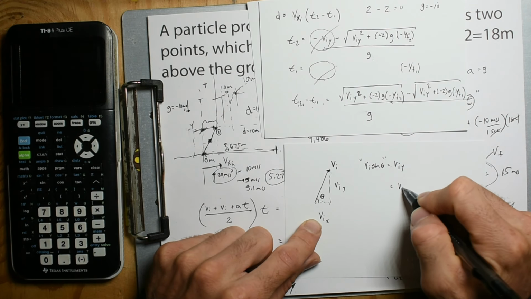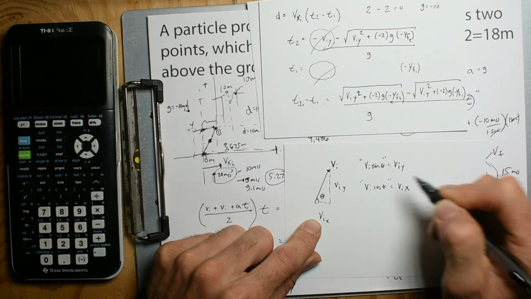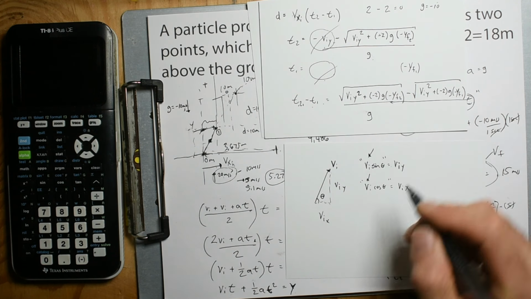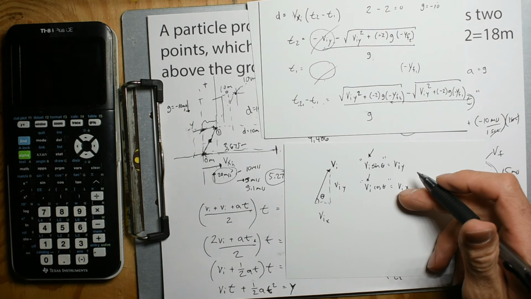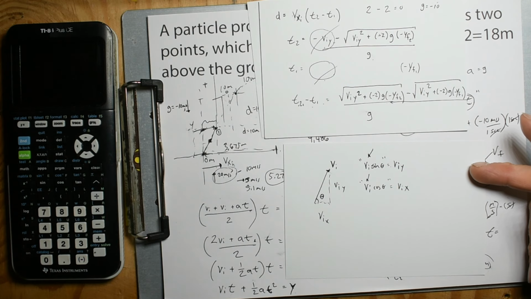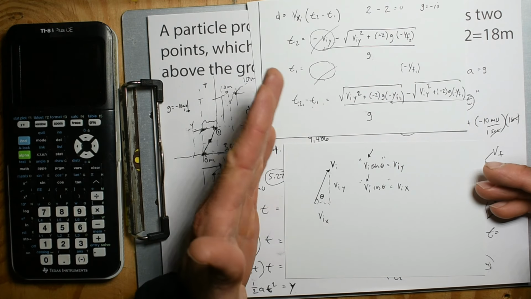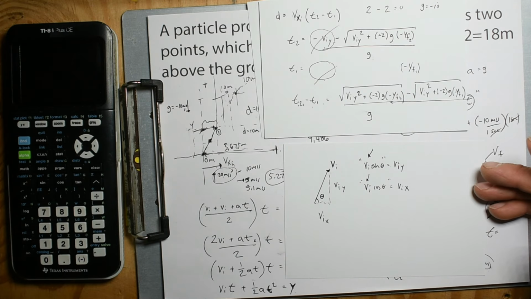Everywhere I see VIX, that's going to be V initial cosine theta. And now I have everything in terms of VI and an angle, I guess. So is that two parameters? If I find an angle that minimizes, well, I don't know. Yeah, that's what hung me up.